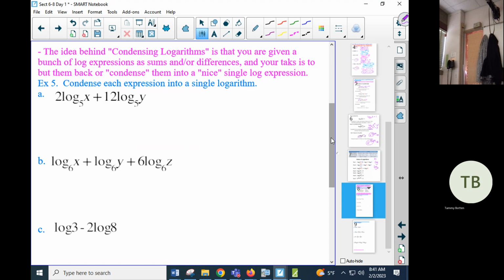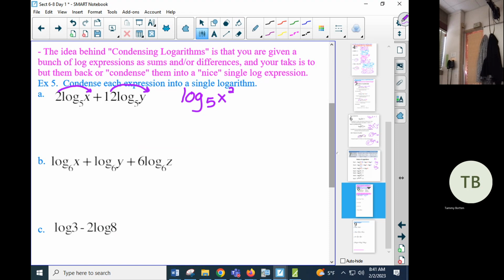So you sometimes will have a power. If you have a power, you're always going to take that power and move it up to the power of whatever's in front. So when I do this one, I'm going to think of this as log base 5 of x to the second power.